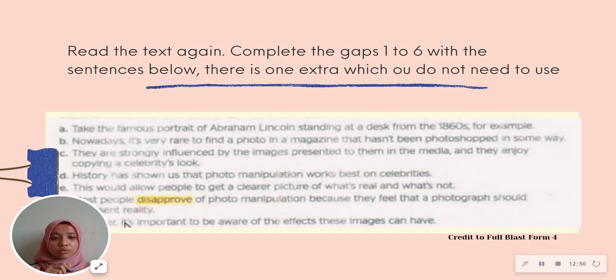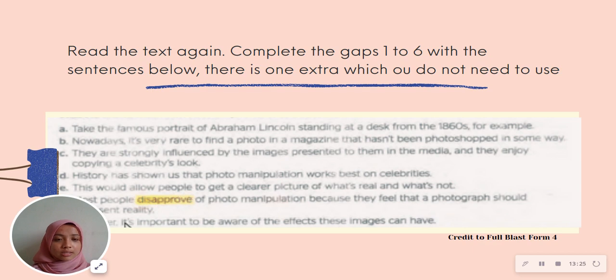So you have to remove F so that we can put the sentences A, B, C, D, E, and G in order. I will give you the order so that you can write it down in your notebook or anywhere, so that we can discuss together whether your answer is the same as mine or different. Okay, the first sentence is B.